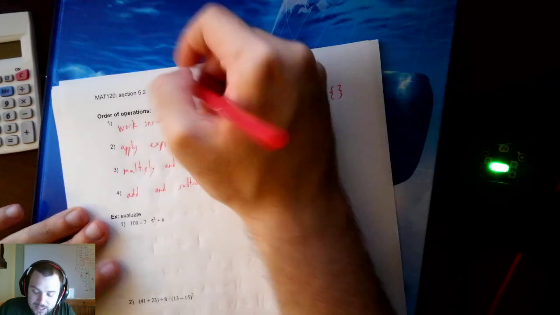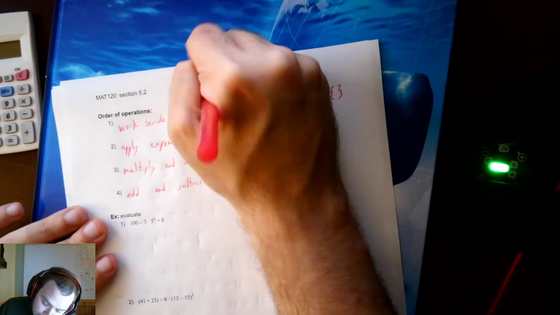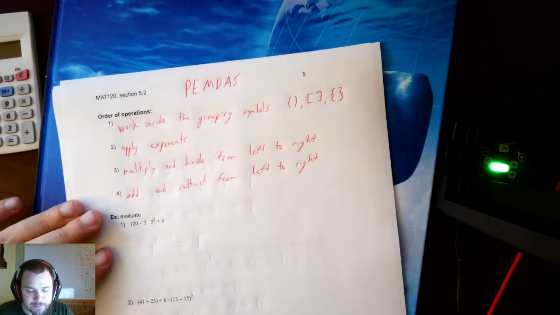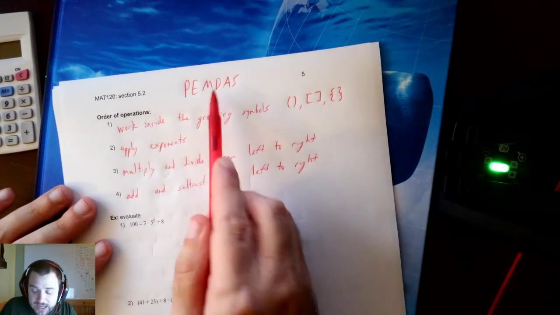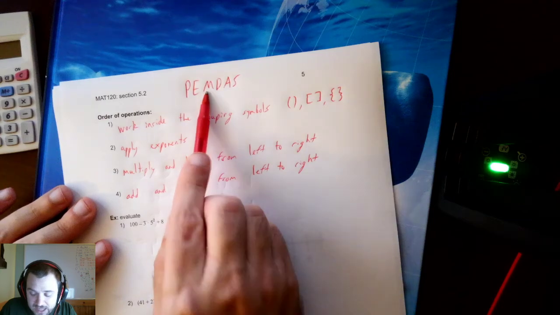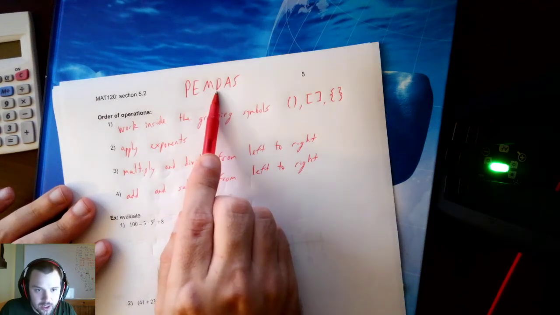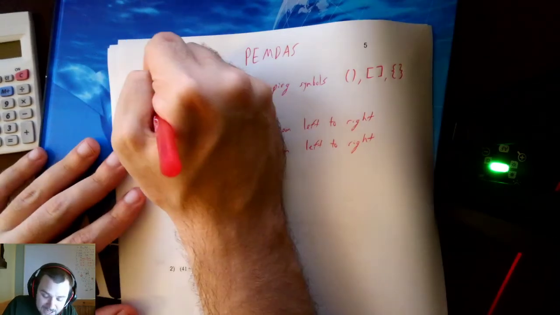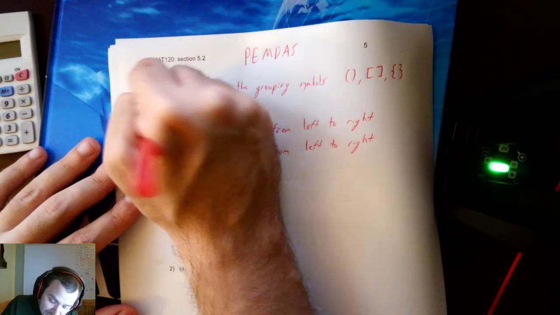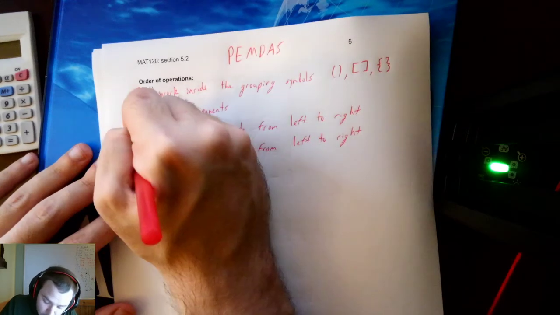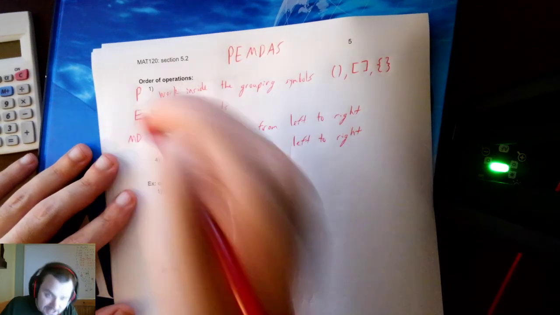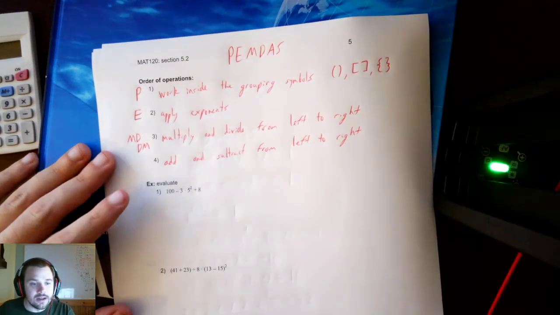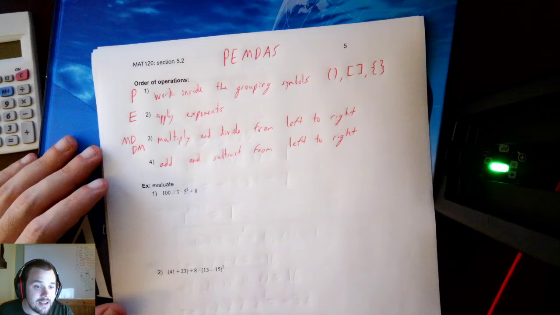There are only 4 steps in the order of operations. Now, some of you might be thinking, what about PEMDAS? PEMDAS is misleading. PEMDAS makes it seem like you should always multiply before you divide. That is not true. You multiply and divide at the same time. If I wanted to write PEMDAS here, I could write P, E, and then this step would be M and D, or D and M. If I wanted to talk about the order, it can be either or.